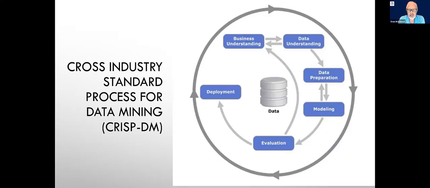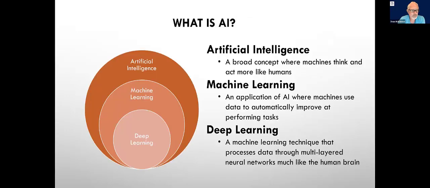And then that data has to be prepped. Then you develop your models, you evaluate the success of that, and if it works well, that's great. You can go to deployment. If it doesn't work out so well, then you go right back to the business understanding and start the process again. So it's nice to have an industry standard out there, and that's something that we certainly subscribe to here at Smith.